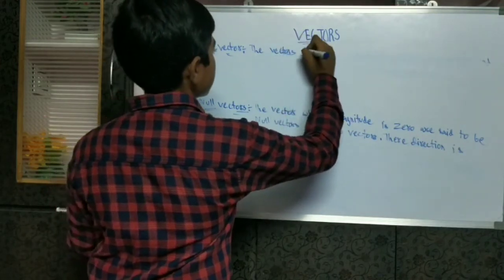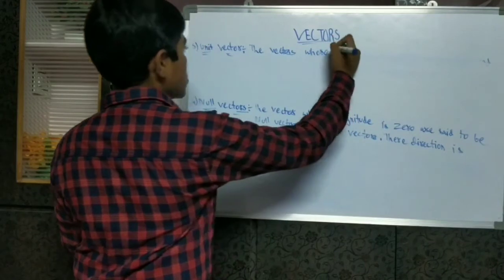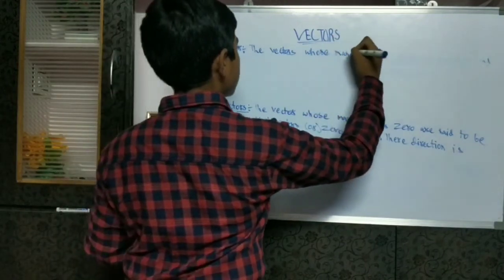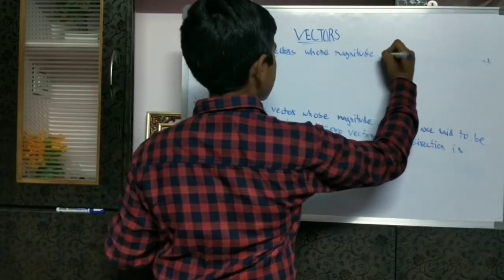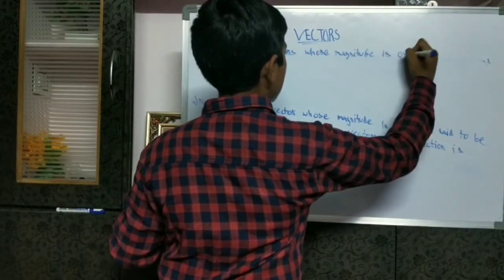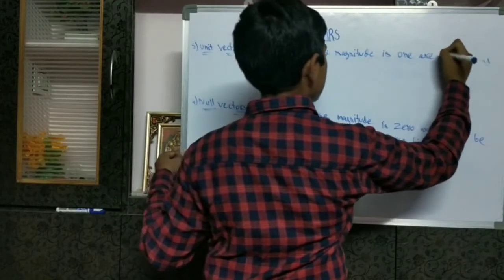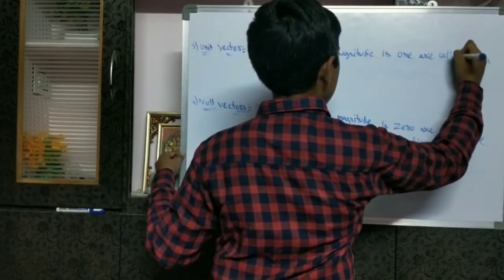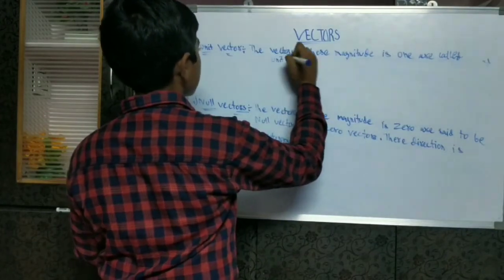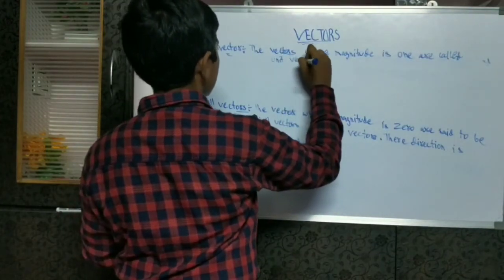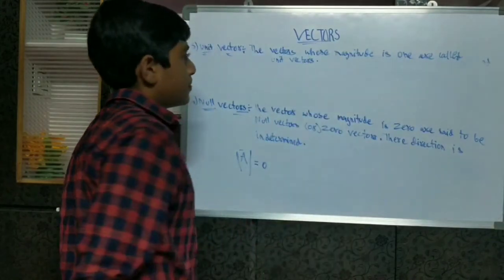The vectors whose magnitude is 1 are called unit vectors.